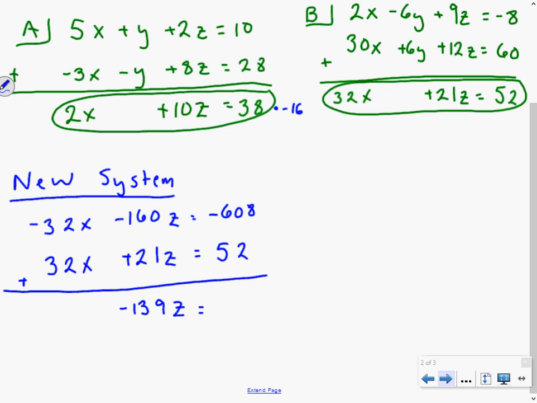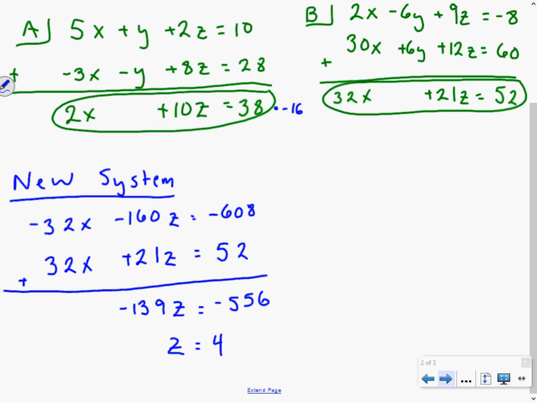So we get negative 139z, and then on the other side of our equation, we're going to get negative 556.